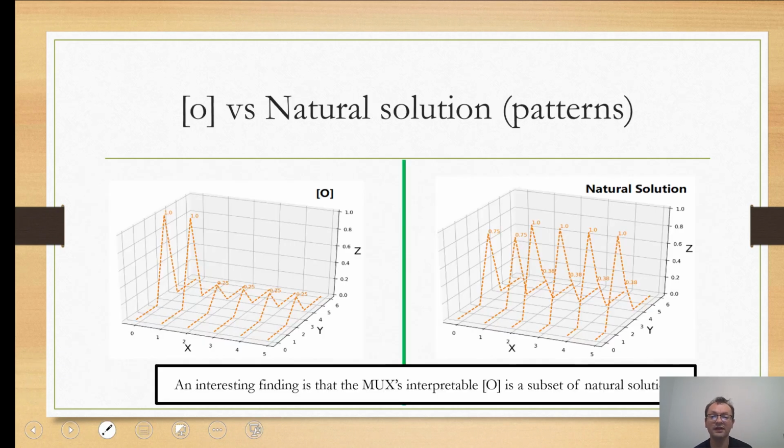And if we were to look at the natural solution for the 6-bit multiplexer problem, it highlights the importance of the address bits because they're always specified. But the data bits, which actually tell us what the action is, the bit that we care about in the output of our classifier, they're less well represented in the optimal solution. Whereas in the natural solution, we find that the data bits, the bits that tell us what's going on, are really, really prominent.